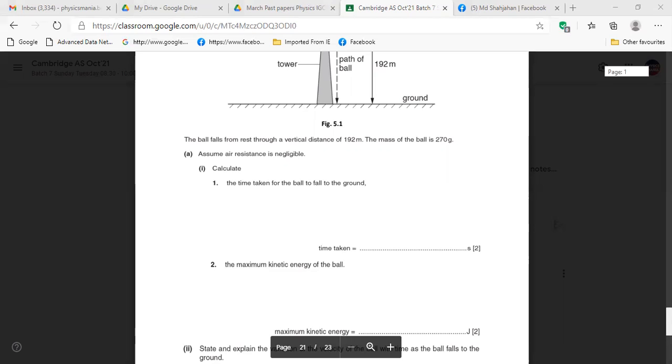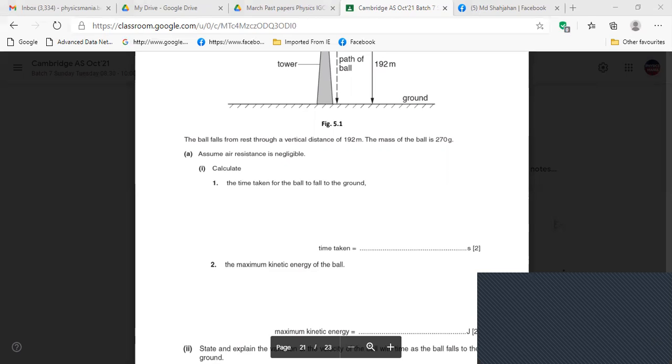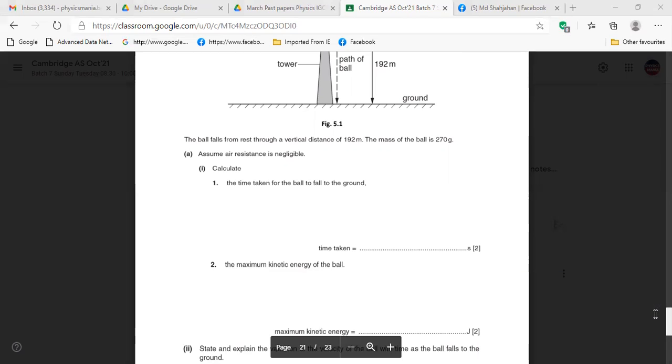Okay. So gravitational potential energy at the top can be calculated by mgh. Yes sir, we have mass, g and h. So I wrote kinetic energy is equal to mgh.